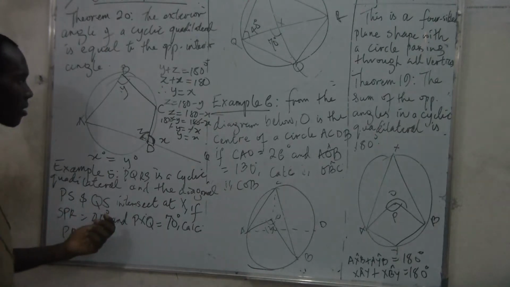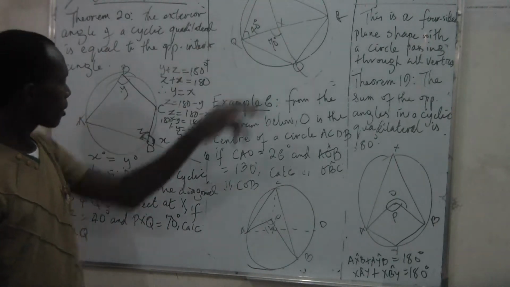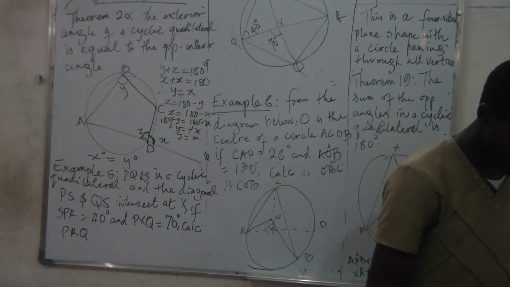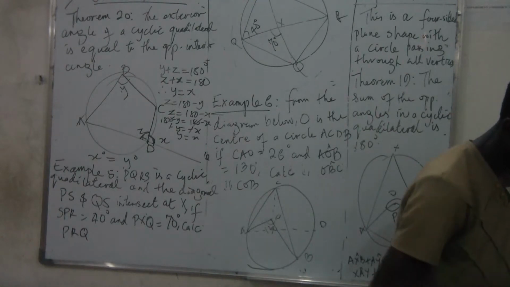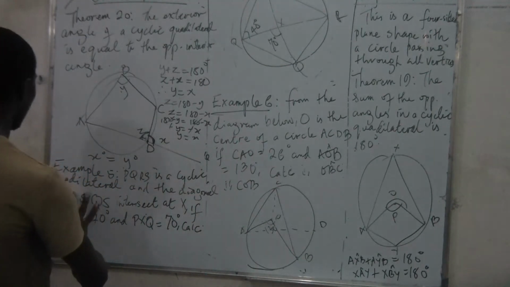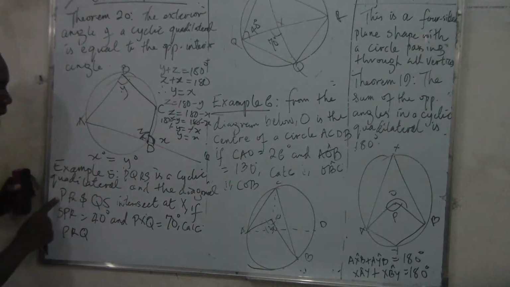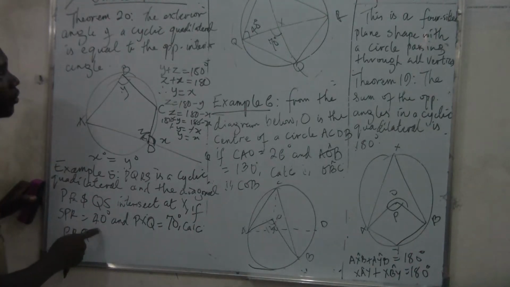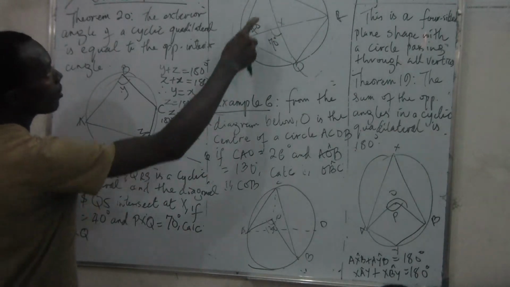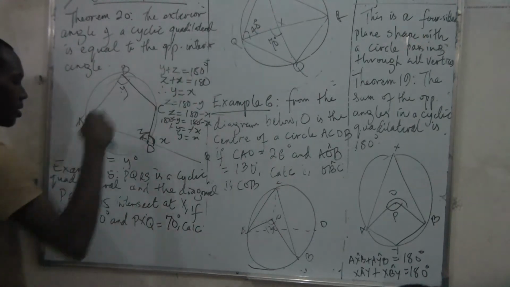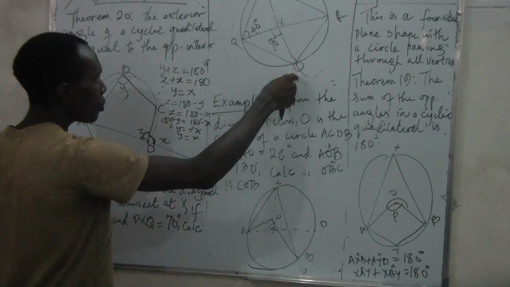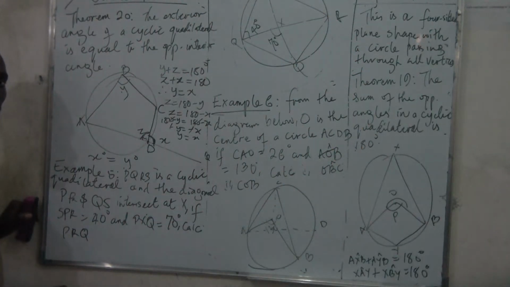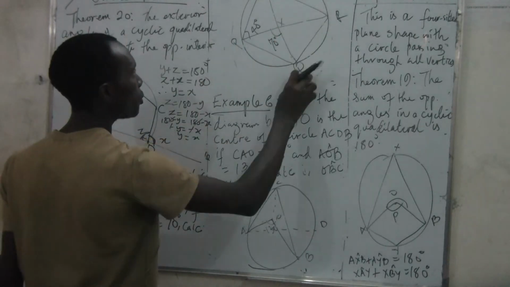The diagonal PR and the diagonal QS intersect at a point X. If angle SPR is 40 degrees, and PXQ is 70 degrees, we have to calculate angle PRQ. We have to find this angle.